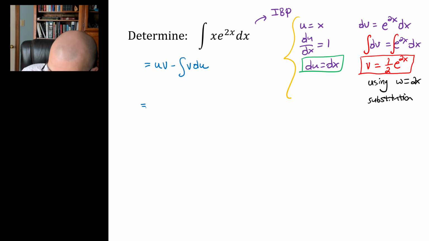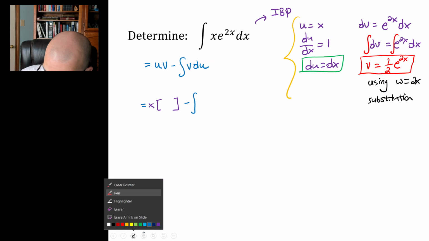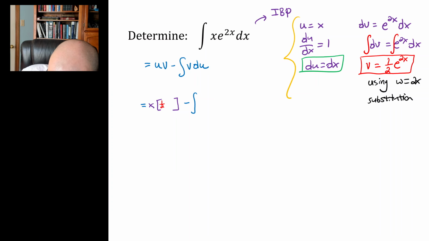So u we said was x. And then we just found v is 1/2 e to the 2x. Put that in both spots, 1/2 e to the 2x, and then du is just dx.